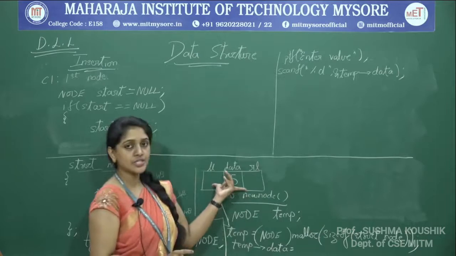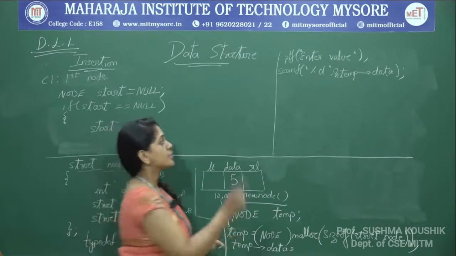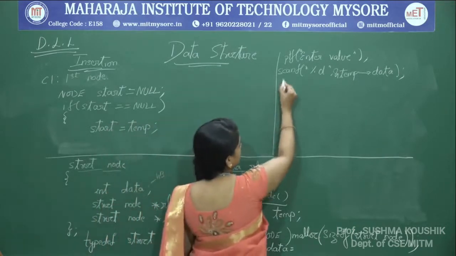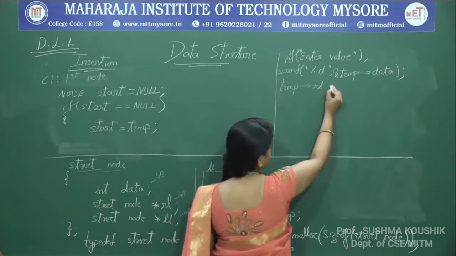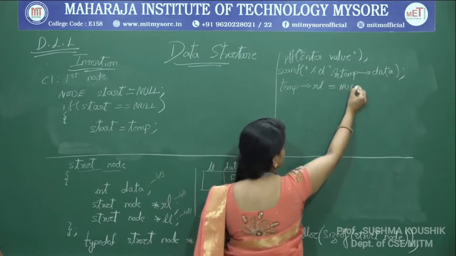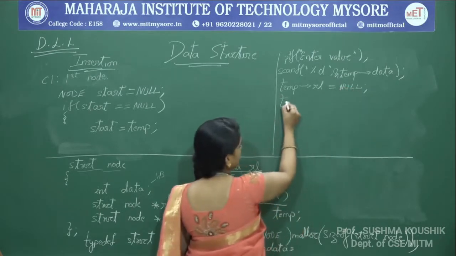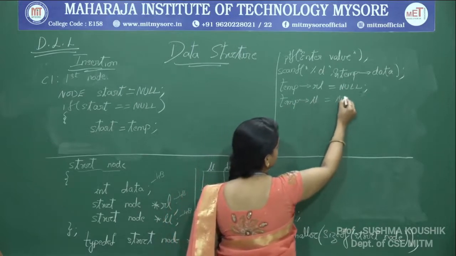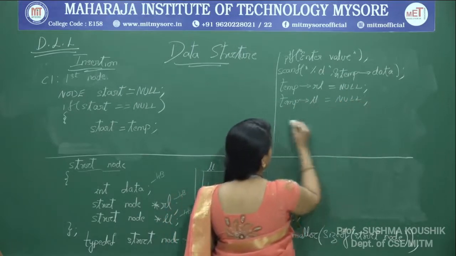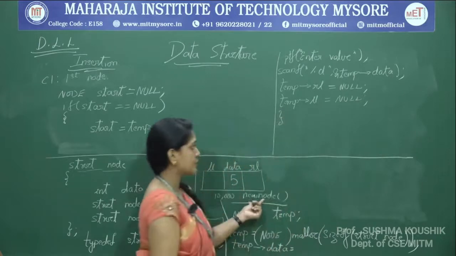What other two fields am I supposed to fill now over here? So I am supposed to fill temp of RL, right link, which is right now null for us, and temp of LL, which is also equal to null. So here is where the new node function ends for us.